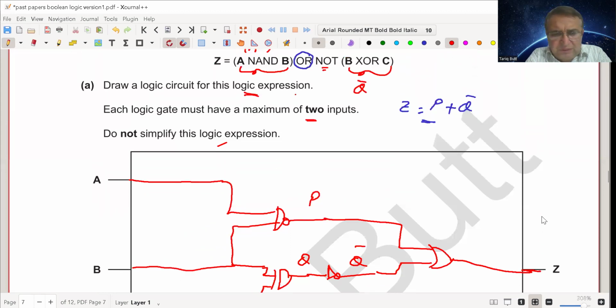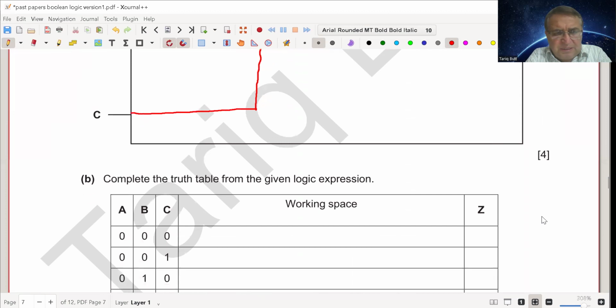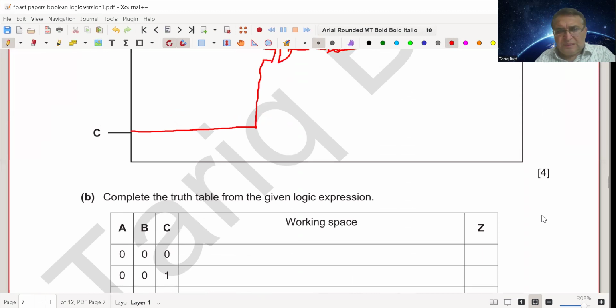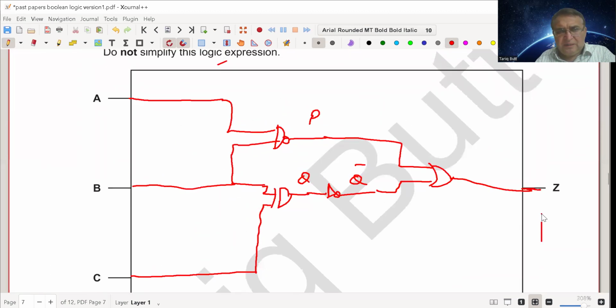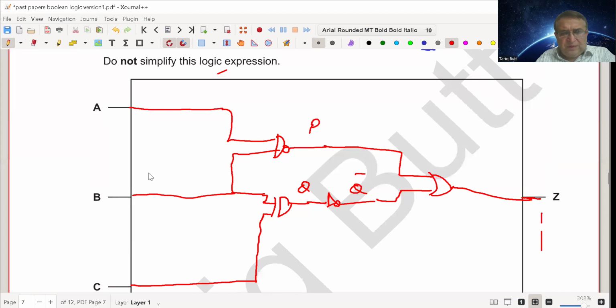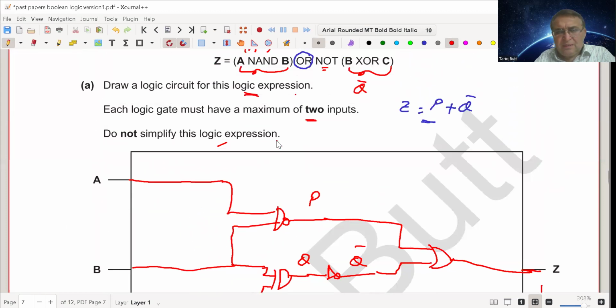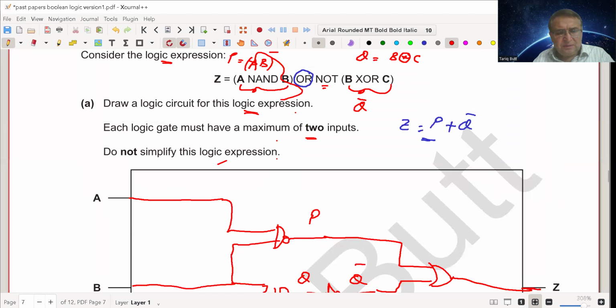Next, what we have to do is, it is asked to draw the truth table. So to draw the truth table, we'll see what we have to build. We have to first draw the column for P, which is A and B. You can see from here as well, A into B and not of it, for instance, which is NAND.